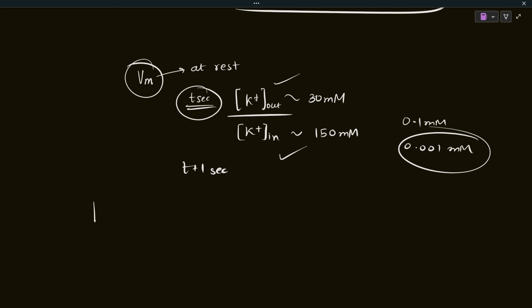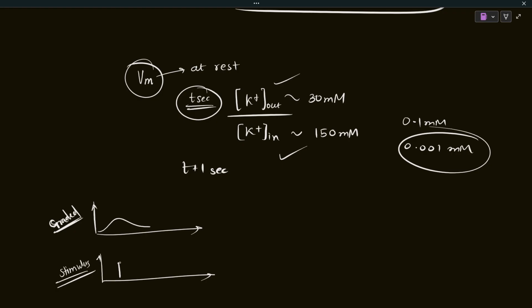For example, let's say the stimulus is of this strength. In the graph below, I'm drawing the stimulus strength, and here I'm drawing the strength of the graded potential.